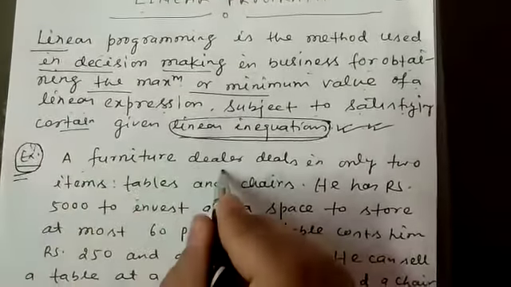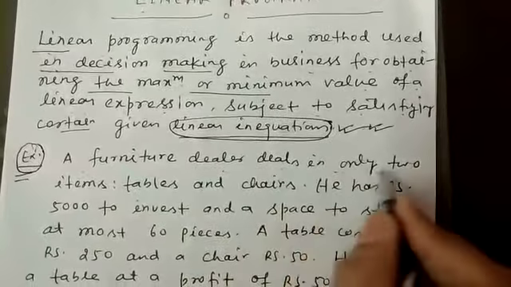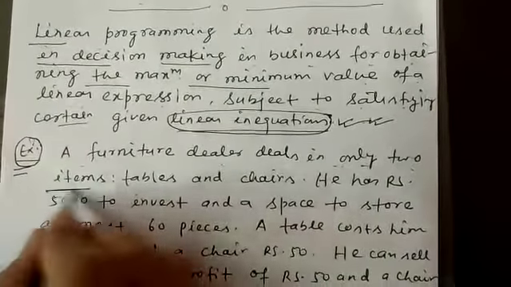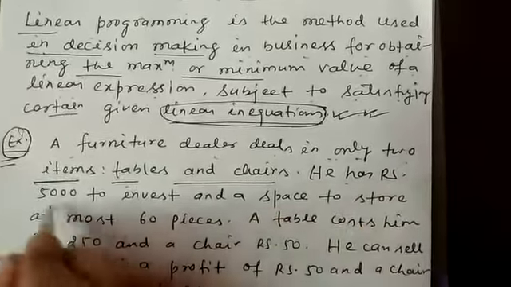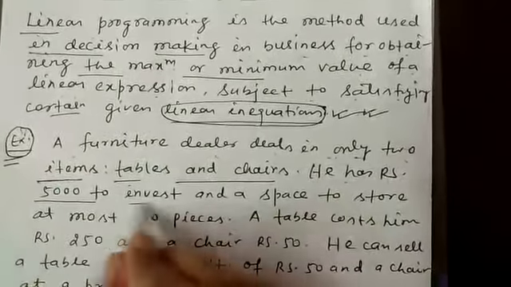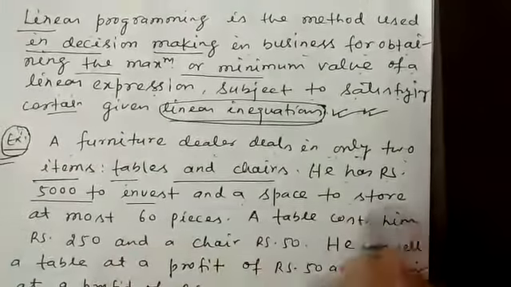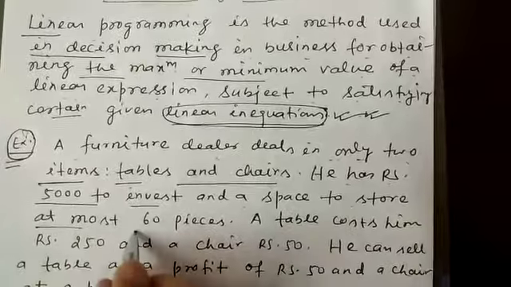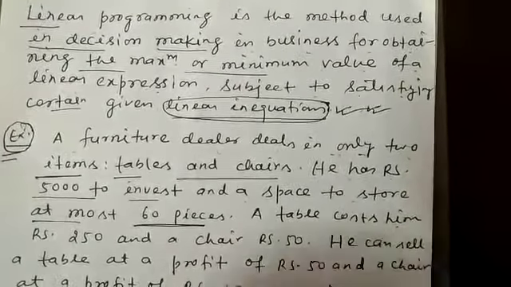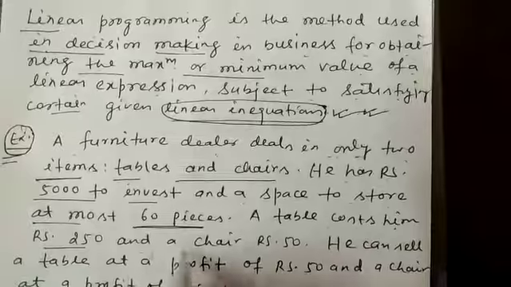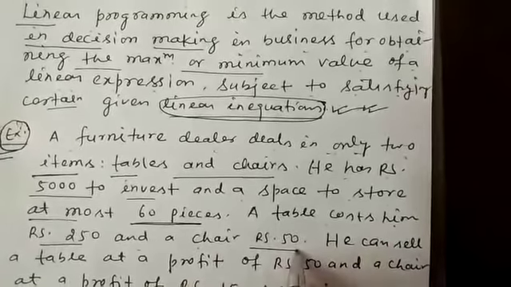A furniture dealer deals in only two items, tables and chairs. He has rupees 5,000 to invest and a space to store at most 60 pieces. A table costs him rupees 250 and a chair rupees 50.